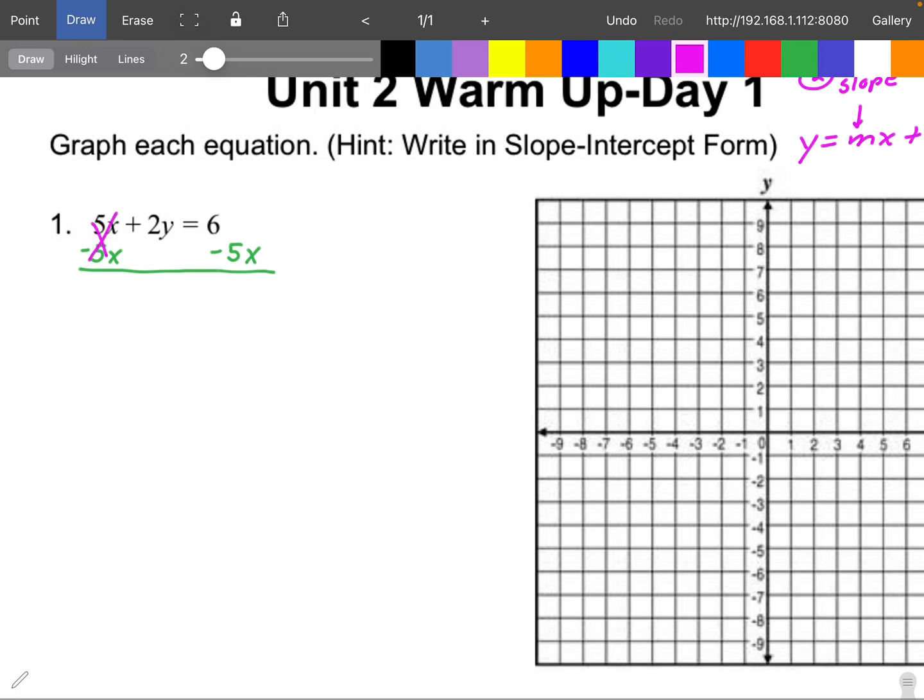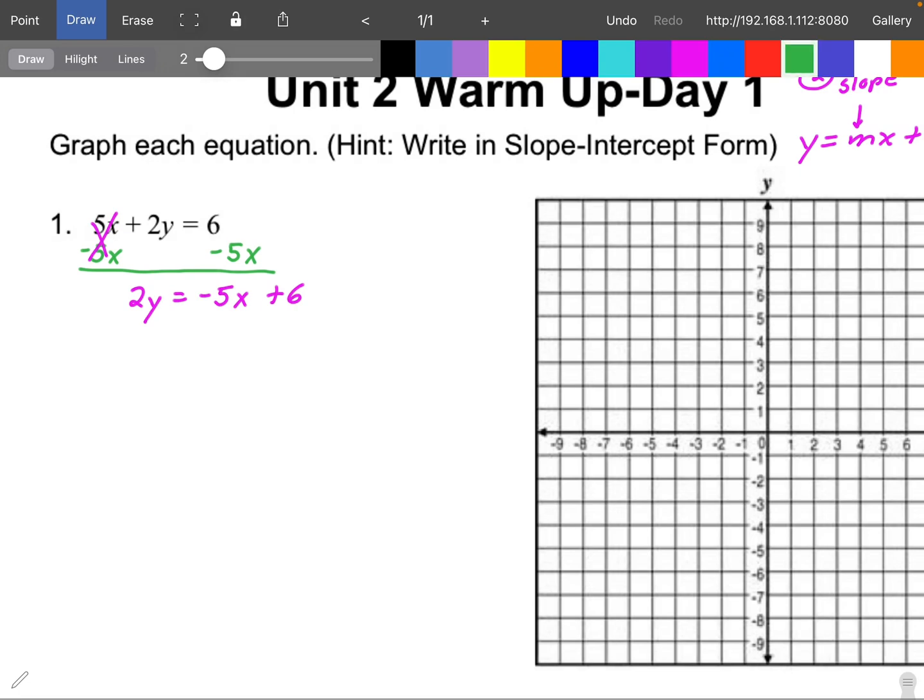Now, when I do that, the 5x's cancel, leaving me with 2y equals. And I know that I can't combine 6 and 5x because one has a variable, one doesn't, so they're not like terms. I like to put my x term in front, and that 5x is negative 5x, and my 6 is positive, so that's plus 6.